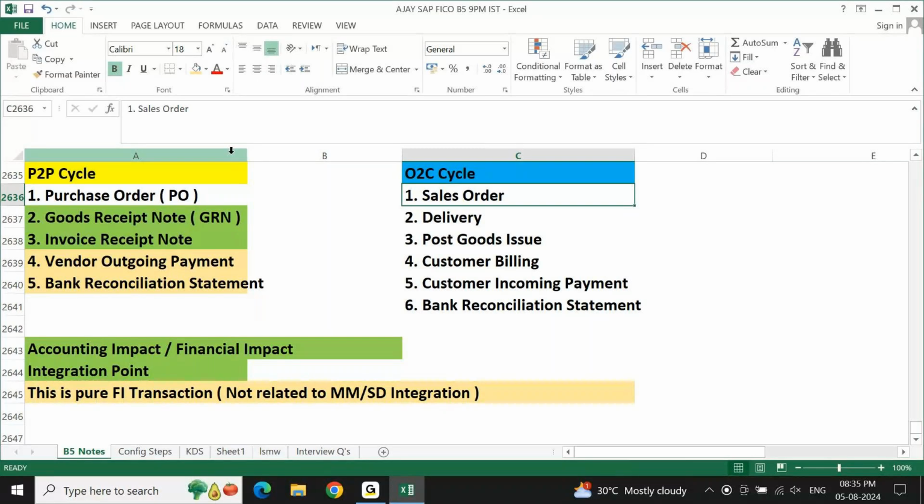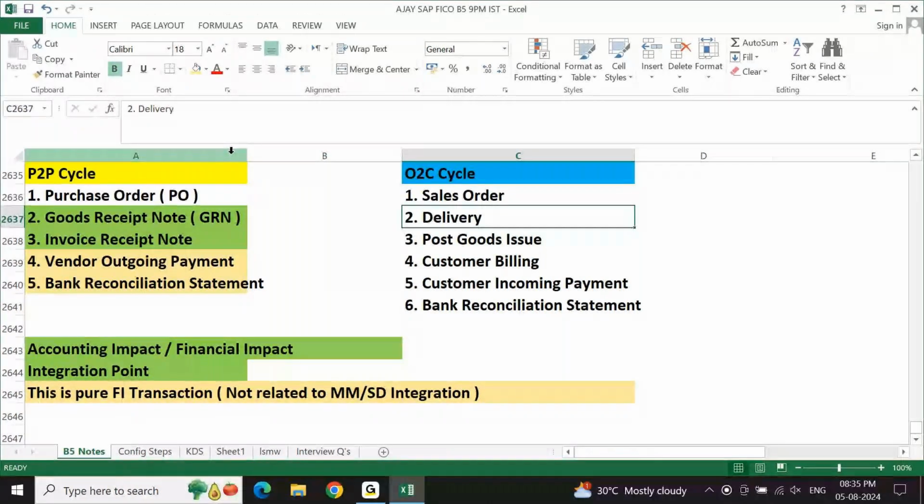Sales order: when you are creating a sales order, when you are looking at any sales order, there is no accounting impact here. I am leaving it blank. When you are creating a delivery also, there is no accounting impact. I am leaving it blank.